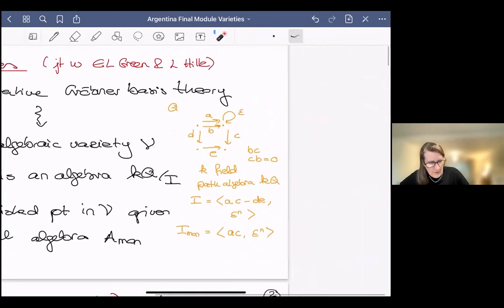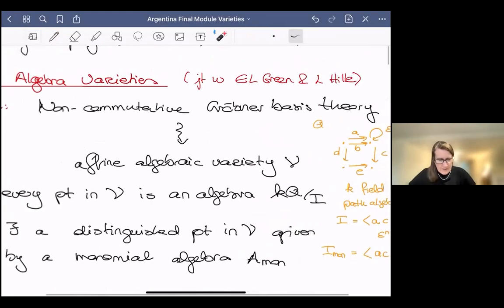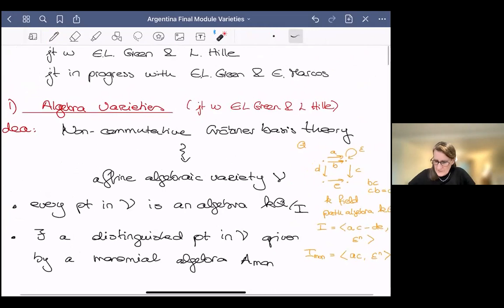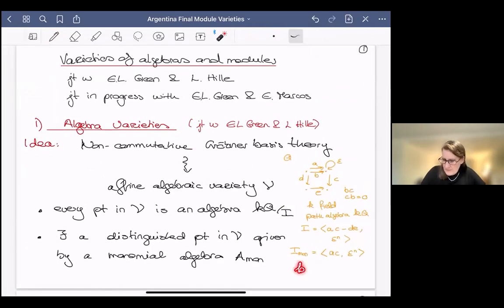And why is this good? Well, it turns out that monomial algebras, just as the algebra k[x] over x to the power of n, are much, much easier to study. And we know lots of things about monomial algebras that we don't know in general for finite dimensional algebras. Okay, so this is the ideal.